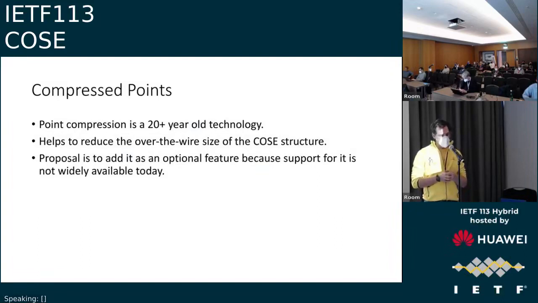It turns out that this is a 20-plus-year-old technology, and Ilari was suggesting to add that capability to the document as another point format, being optional because it's not necessarily widely supported everywhere, mostly for patent reasons. I think that makes sense, what Ilari was proposing on the list.